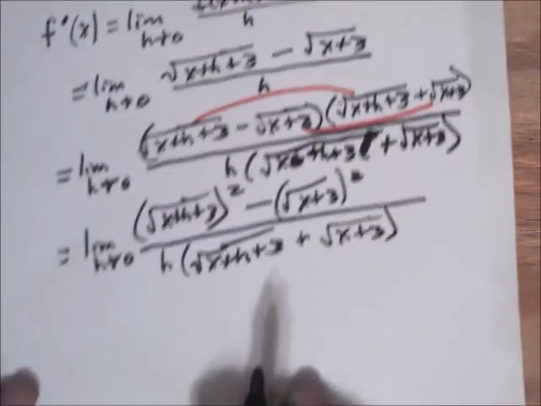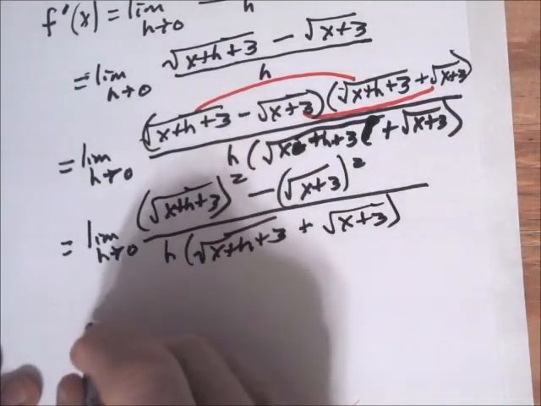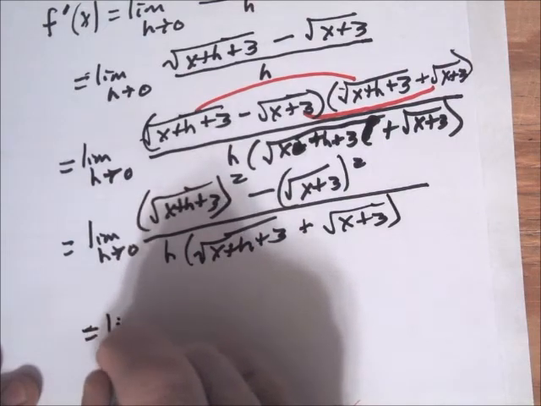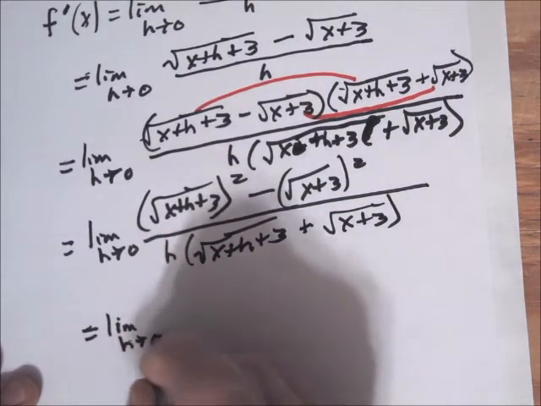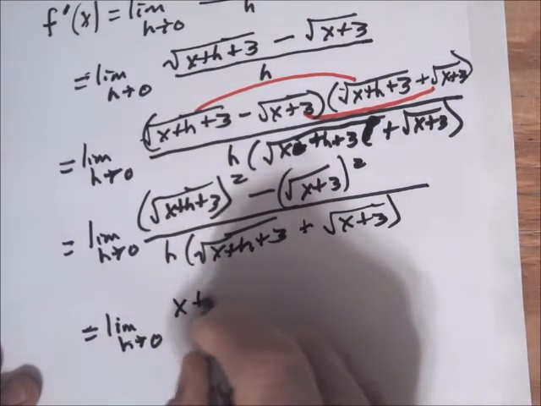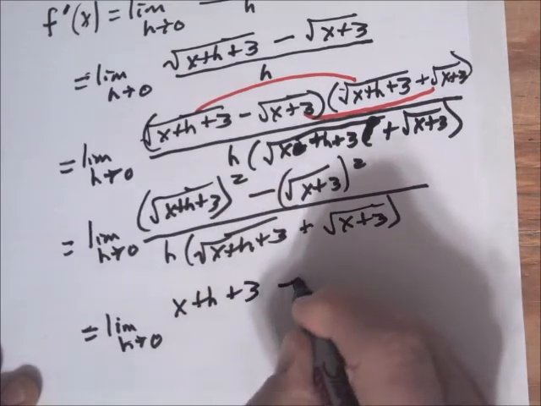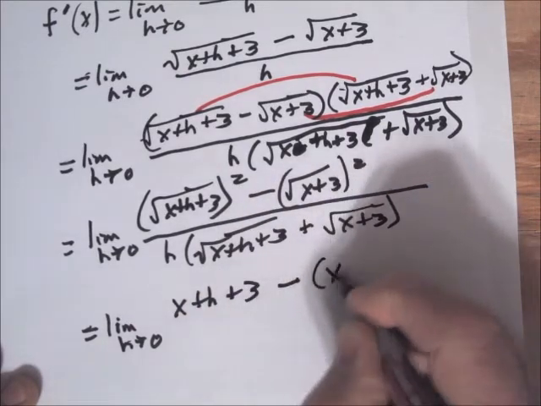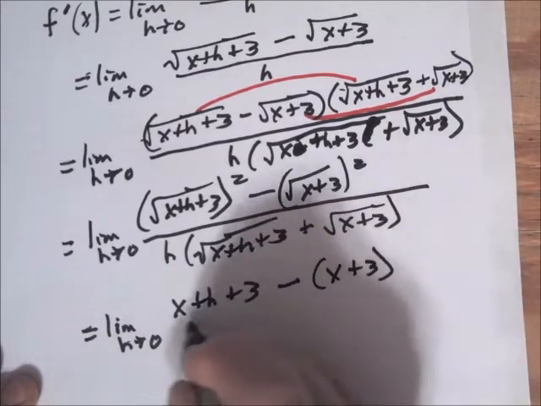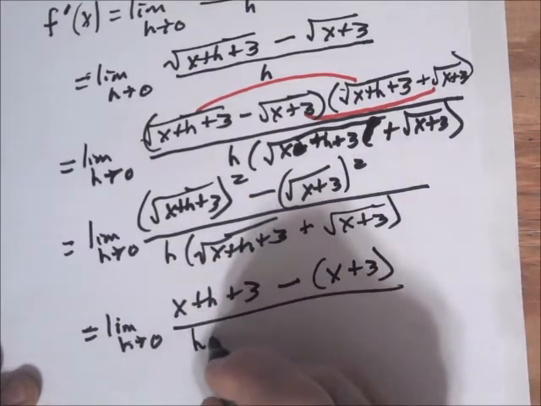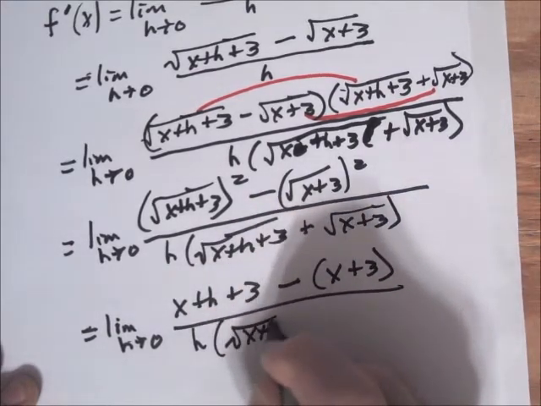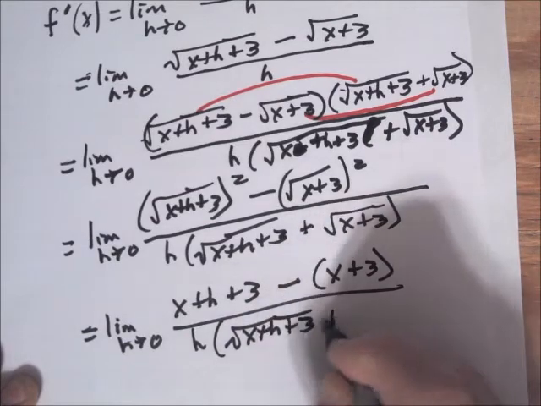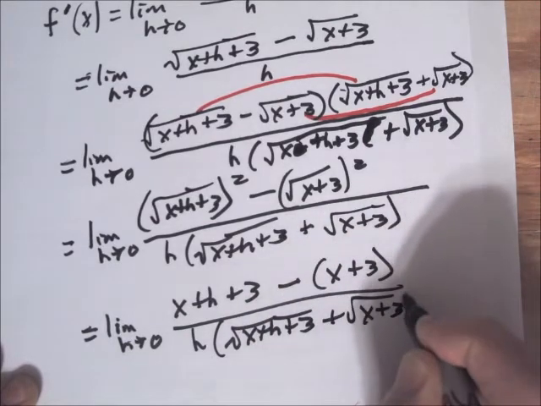Okay. So then the square and the square root will cancel. So we'll have the limit as h goes to 0 of x plus h plus 3 minus x plus 3, all over h times square root x plus h plus 3 plus square root x plus 3.